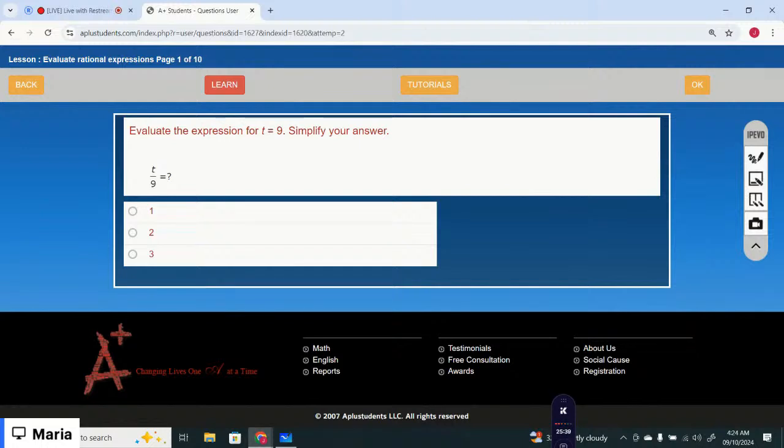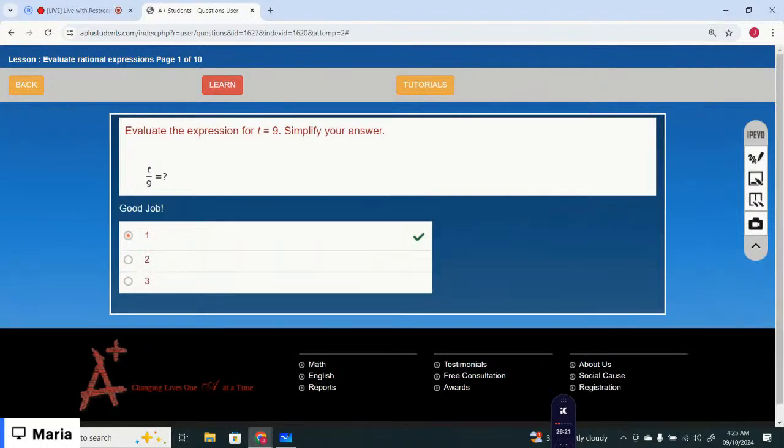Evaluate the expression for t equals 9. Simplify your answer. So which is the correct option? T over 9. Replace the t with 9. So yes, 9 by 9 is 1. The correct option is option number 1.